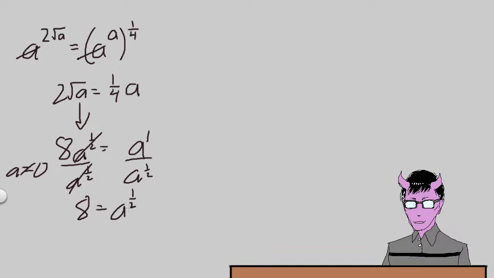And then finally, oh, you know what? We can change this 8. I guess it might be a little weird though, but this is technically 8 to the power of 1. We can't necessarily match the bases because we don't know, we can't match with what we don't know, but we can try to match the exponents. So 1 is not quite matching 1/2, but we can mess around with it because 1 is simply 2 over 2, right?